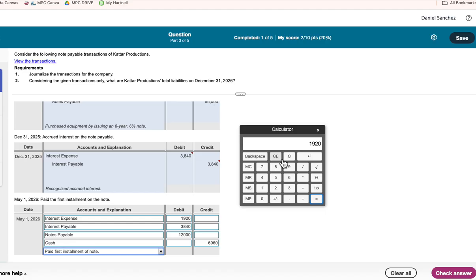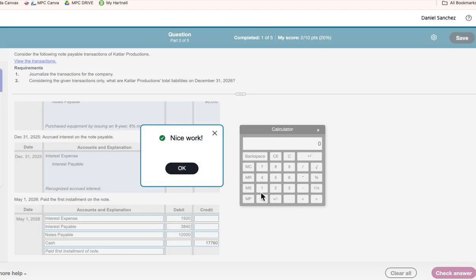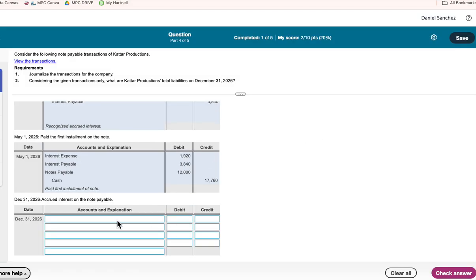I'm going to try something on my calculator. 1920 plus 3840 plus 12000. Maybe that's wrong. Whoa. Okay, I got a totally different number. Maybe this calculator is off. I'm not sure. But I got 17760. I'm not even thinking about this math in my head. I'm just typing it in. So maybe that was it. Maybe I typed in a number wrong or something. I don't know. You guys probably saw.